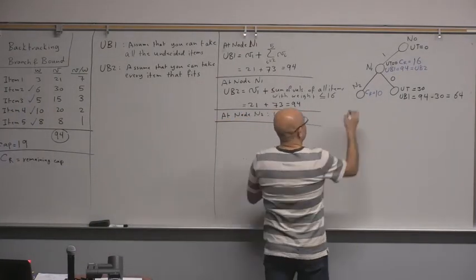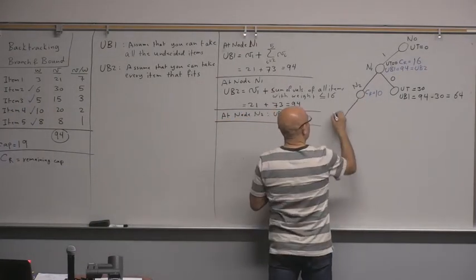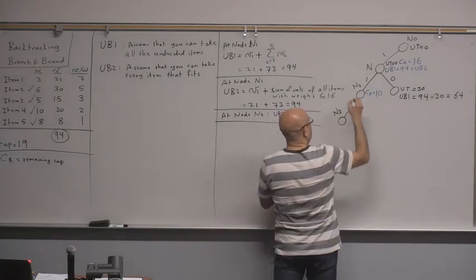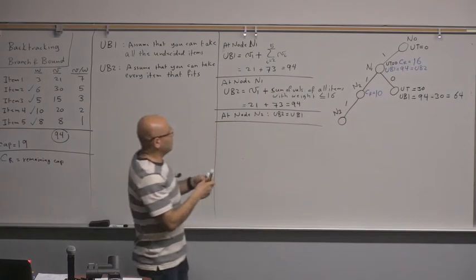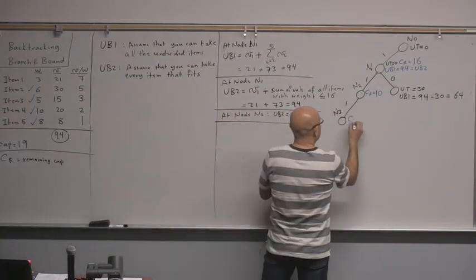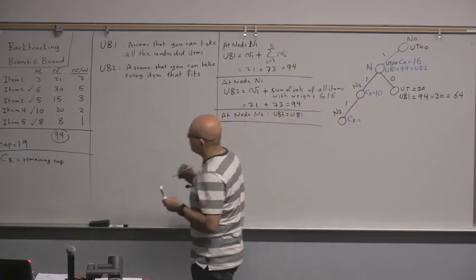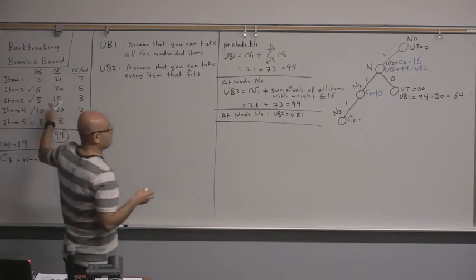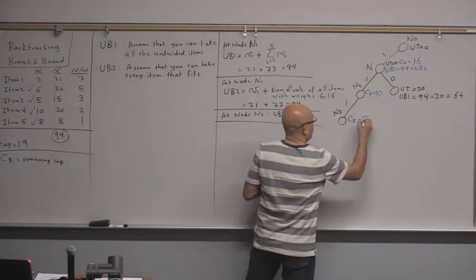But now if we look at node 3, the remaining capacity, okay, so this is taken, sorry, I'm implying that we are taking items. So the remaining capacity is what? We subtract now 5 more from 10. Now the remaining capacity is 5.